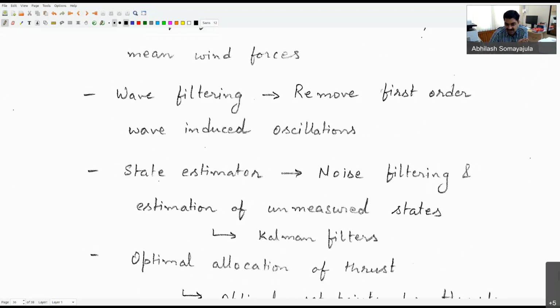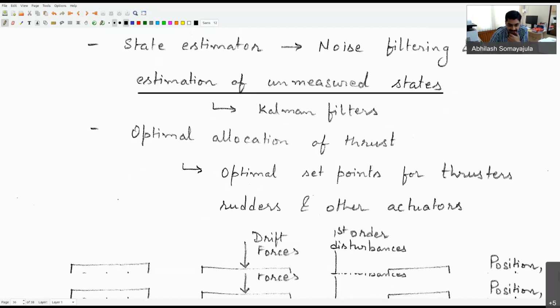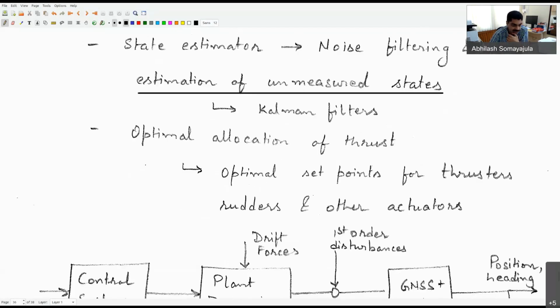And then we should have a state estimator which can filter out the noise and estimate the unmeasured states in a precise manner. For this, we'll typically be using Kalman filters. Finally, the last component which you should have in your commercial, heavily available DP systems would be an optimal thrust allocation system, which means that given that I want a certain amount of thrust to be generated, what are the set points for the different motors?